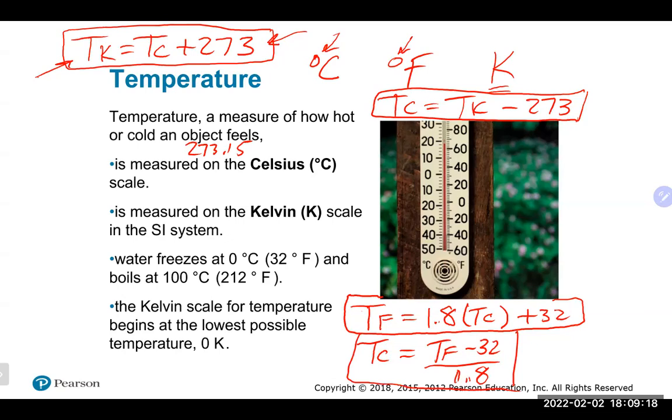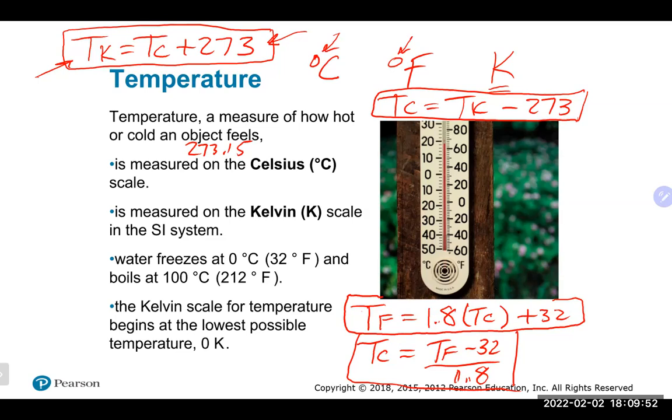Now, 1.8 is the same number that you get if you take 9/5. So maybe you learned the conversions with a fraction. It's basically the same number. If you need to go from, say, Fahrenheit to Kelvin, you do need to go from Fahrenheit to Celsius, Celsius to Kelvin in that conversion problem. I would say probably outside of chapter 2, you're never calculating Fahrenheit and Celsius, but in chapter 2, because it's about conversions, you will.